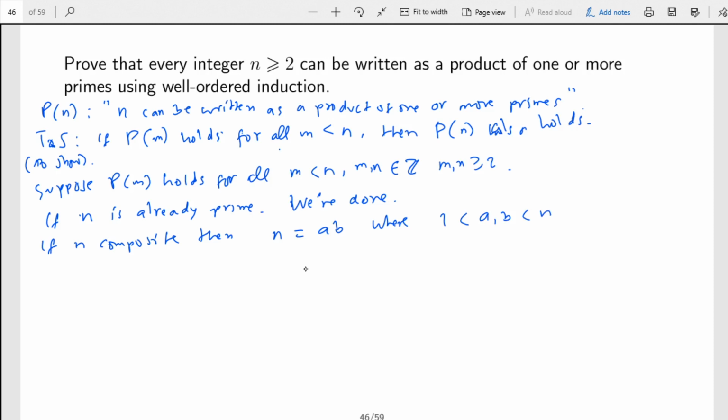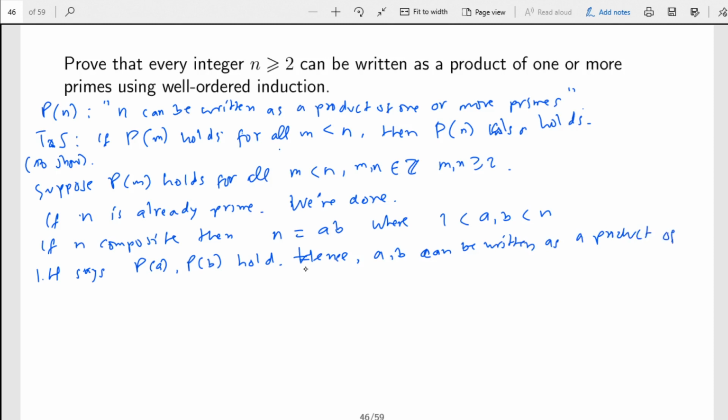So the induction hypothesis says that P(a) and P(b) hold. Now that means a and b can be written as a product of one or more primes.